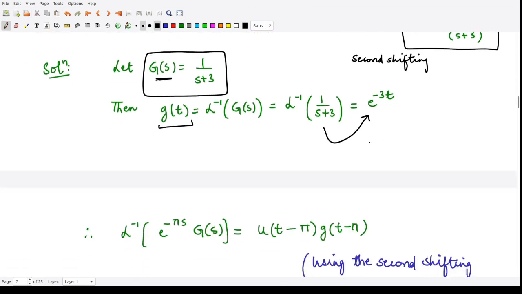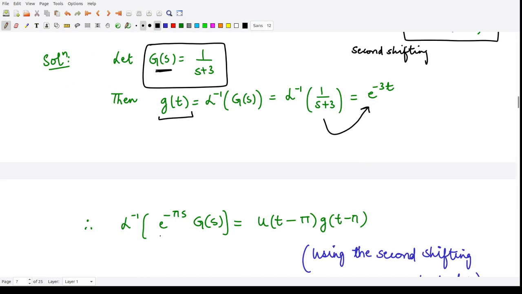So this is the result. Now according to the second shifting property, the Laplace inverse transform of e to the power minus pi s g of s is equal to, since the coefficient of s is minus pi, u of t minus pi, g of t minus pi. And what was our function g of t?